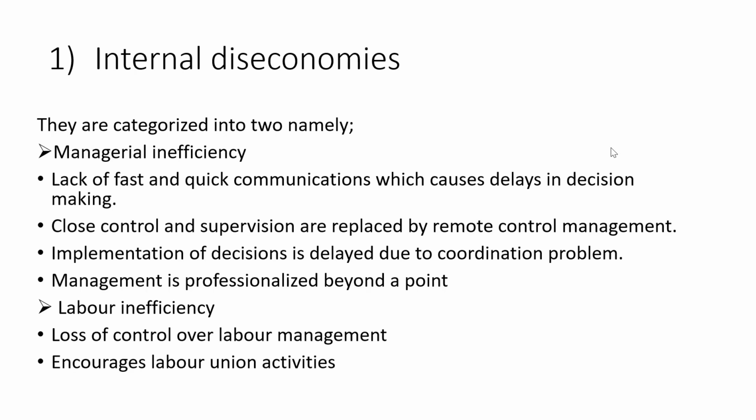Close control and supervision are also replaced by remote control. So with an increase in the managerial personnel, decision making becomes complex and is delayed. The implementation of the decisions that are taken is also delayed due to the coordination problem in large-scale settings.